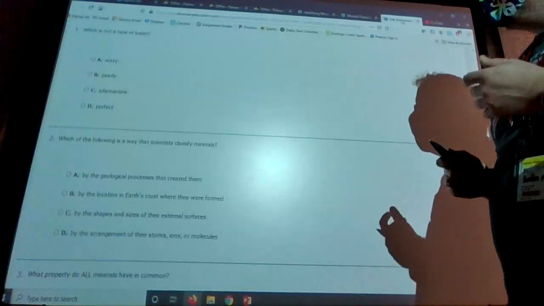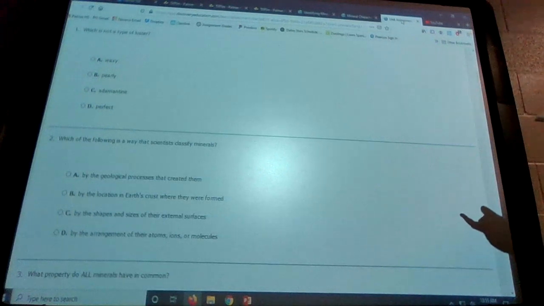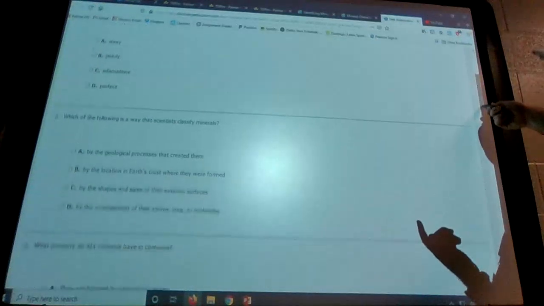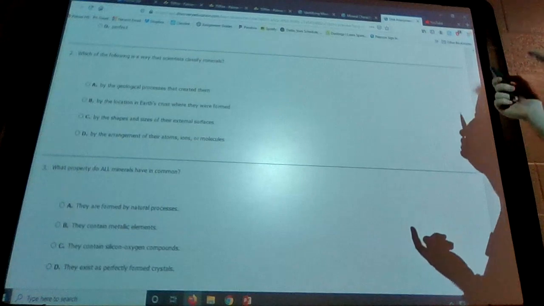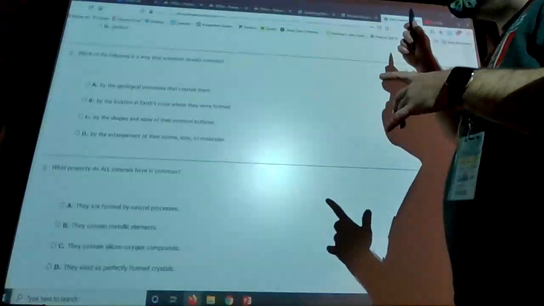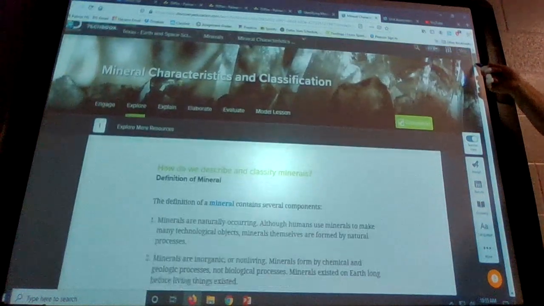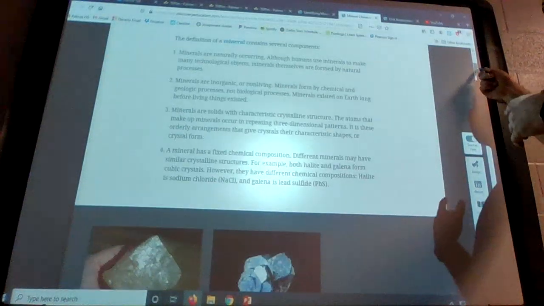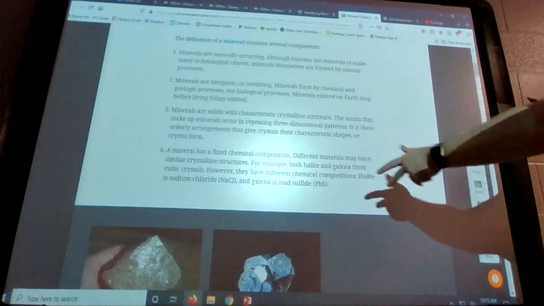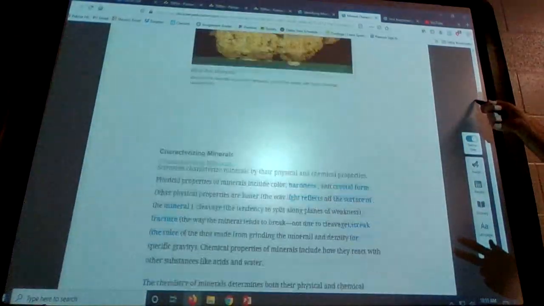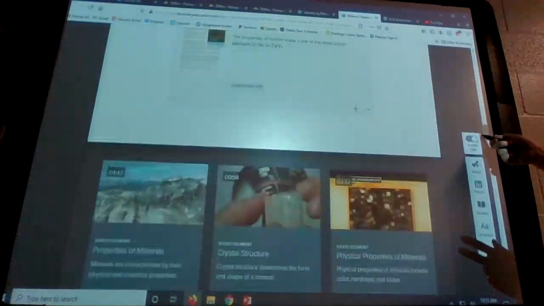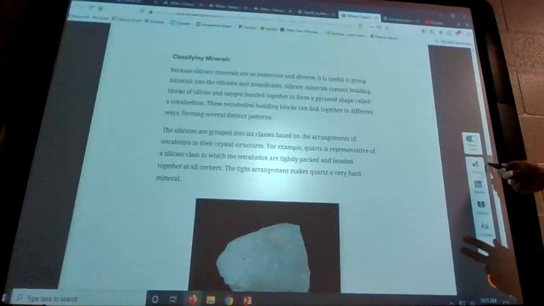Number 2, which of the following is a way that scientists classify minerals? So they got 4 different answers here. And mineral characteristics or classification is probably going to be where you find these. And they kind of give you your definitions of minerals, characteristics, classifying minerals.